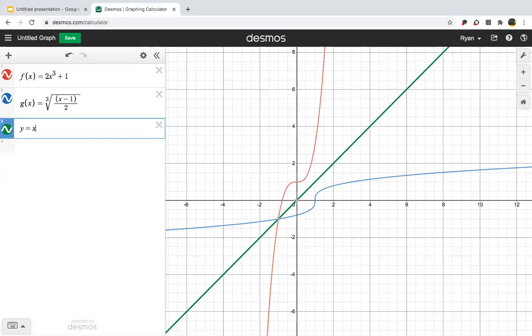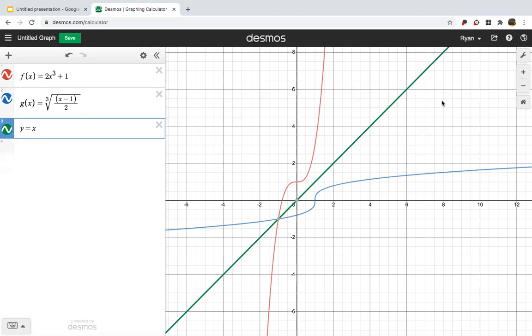It cuts this picture in half, and if you were to fold or flip the red line, it would go exactly onto the blue line or vice versa. So if you have inverse functions, the picture will always look like this, a mirror image across the y equals x line. This is one way that you can prove that you have indeed found a pair of inverse functions.